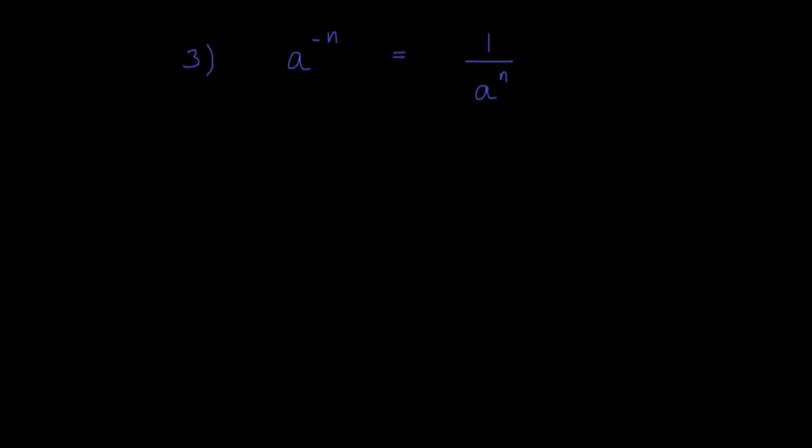When I have any base a raised to the negative n power, that gives me 1 over the base to the positive power, the same power. The power is the same and the bases stay the same. All you do when you have a negative power is you invert it.